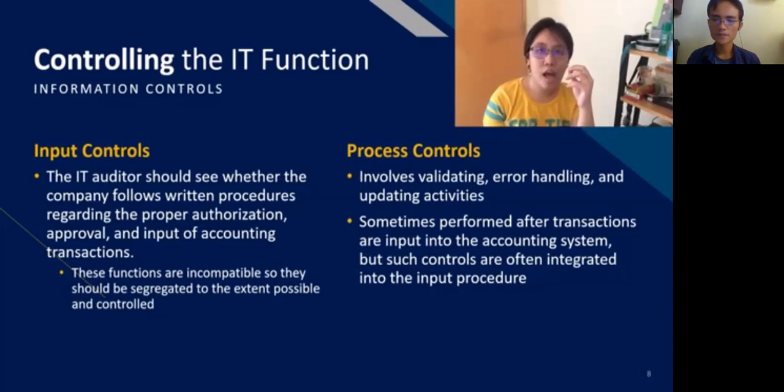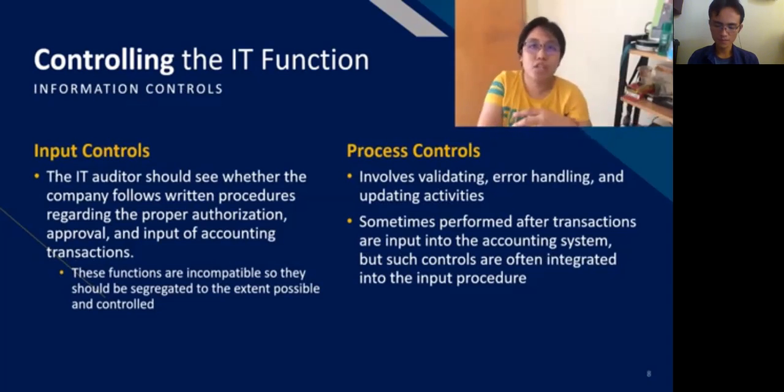It's vital for IT auditors to monitor the people who are assigned in authorization, approval, and the input of the accounting transactions, because, just like we mentioned a while ago, these functions are very different, and different people should be managing them.